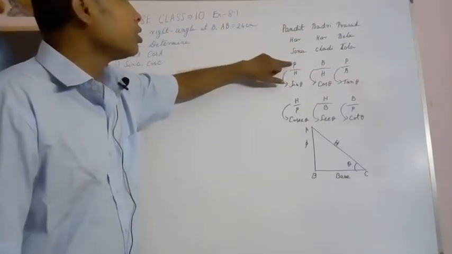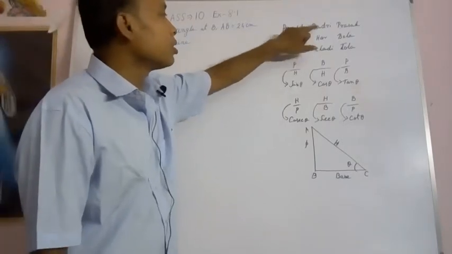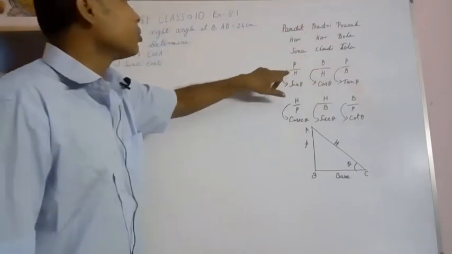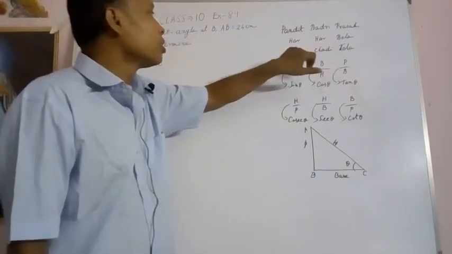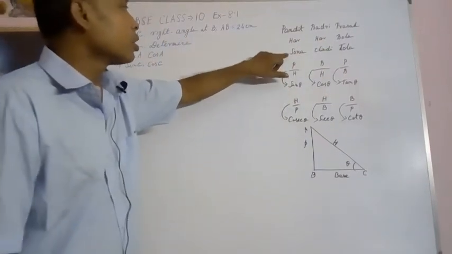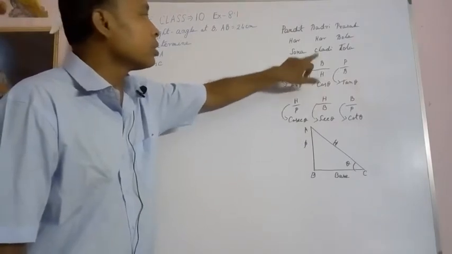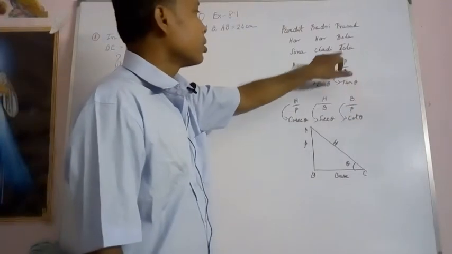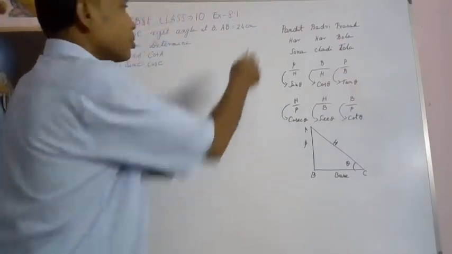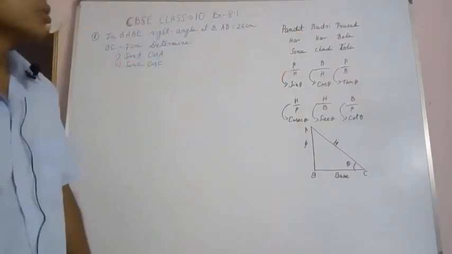P means Pandit, B means Badri, P means Prasad. H means har, H means har, B means bole, and sin theta means sona, cos theta means chandi, and tan theta means tole.